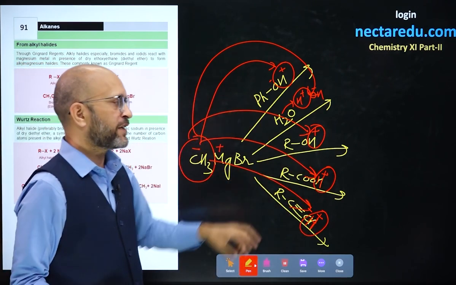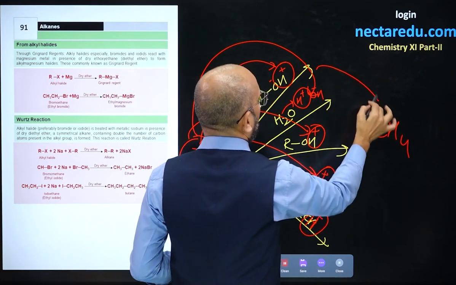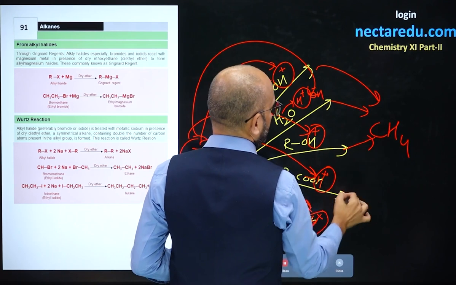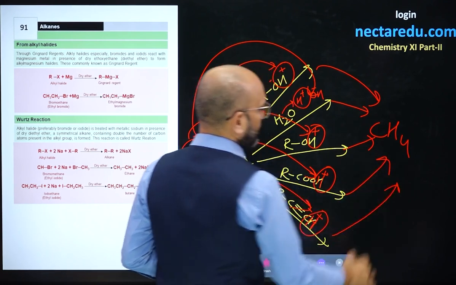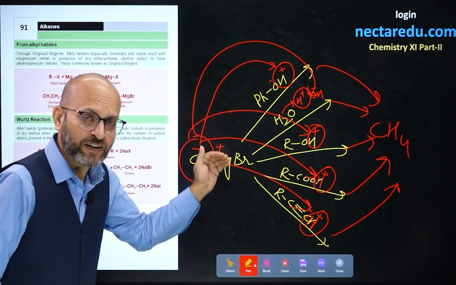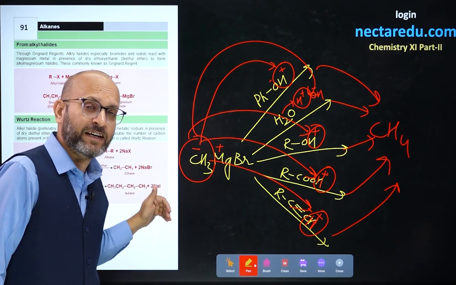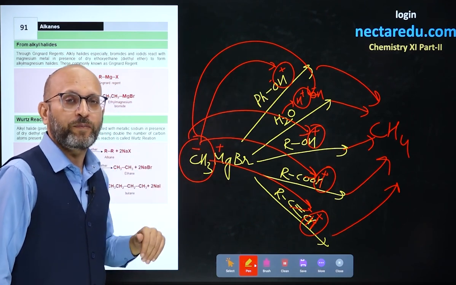CH3 minus with H plus forms methane in all cases. I hope you agree with me that in all these cases we will get methane. If it was C2H5MgBr, then we get ethane. If it was C3H7MgBr, we get propane.